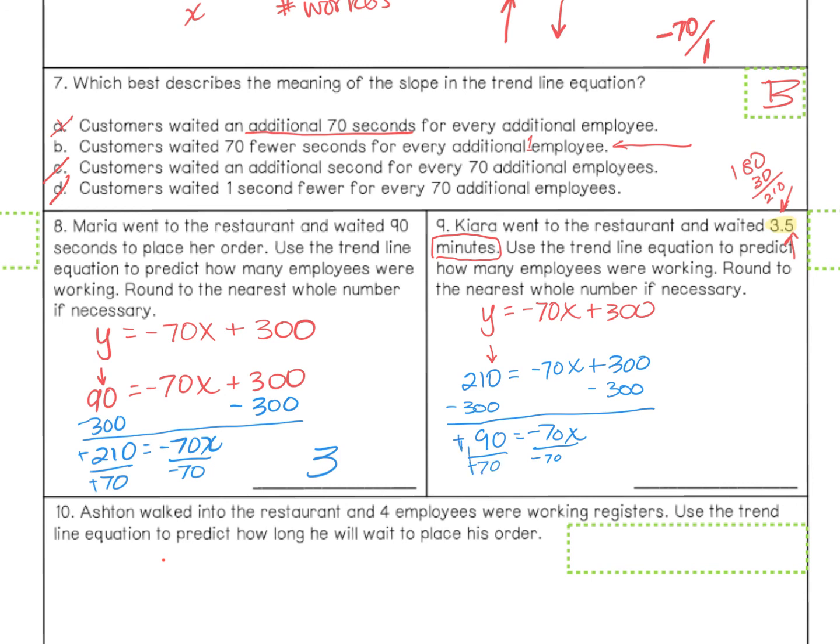The negatives cancel out. 90 divided by 70 is 1.2857. It's asking us to round to the nearest whole number. Well, this 2 is telling me to round to 1. So our answer is 1 employee because 1.2857 rounds to the whole number 1.